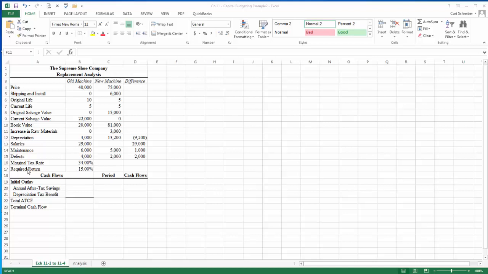One last thing to note here is that the required rate of return is 15%. Notice that within the setup of the problem on page 334, it tells us that in order to buy the new machine, we would need to borrow $30,000 at 10% interest, resulting in interest expense of $3,000. We will not factor in that $3,000 because it's assumed that when we evaluate this at a 15% required rate of return, that 10% interest is already factored into this required rate of return.